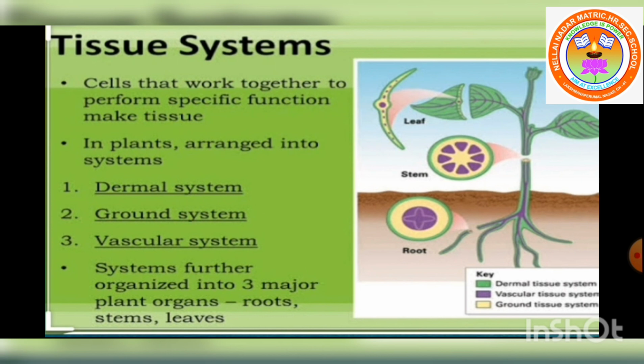Cells that work together to perform specific function make tissue. So, in plants, there are three different types of tissue system: dermal tissue system, ground tissue system, vascular tissue system. So, these are all the three different types of tissue system reported in plants by Sachs.